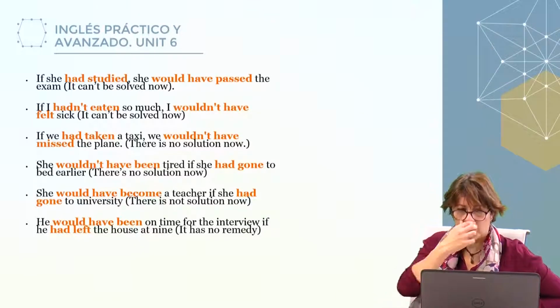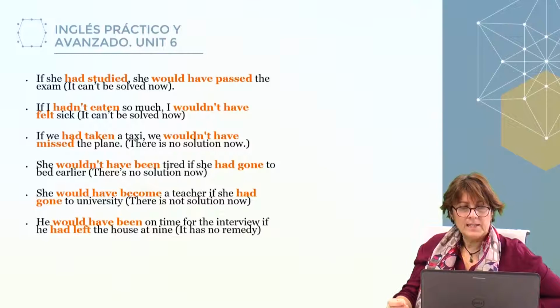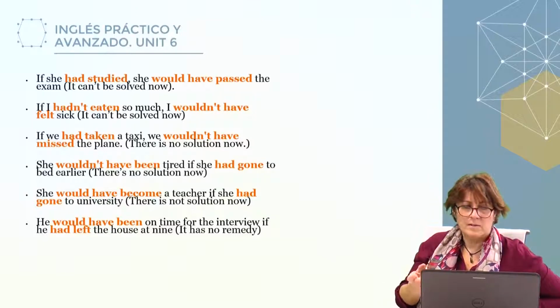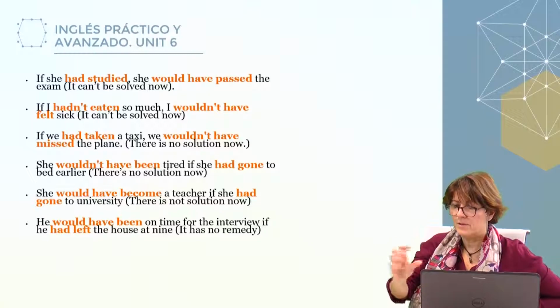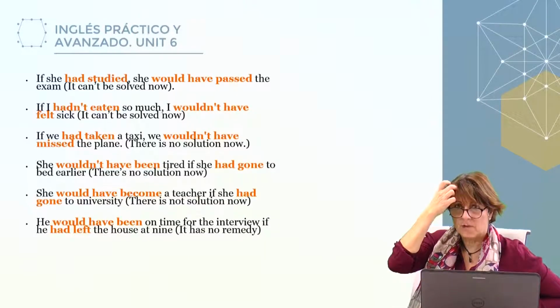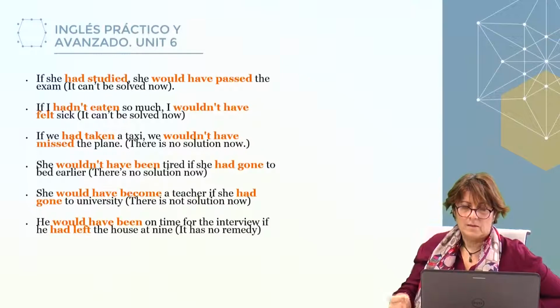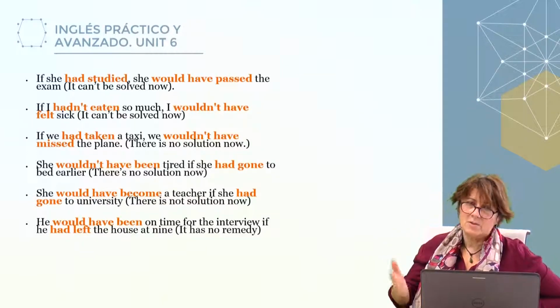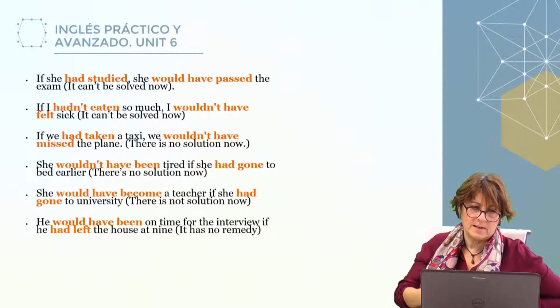It can be solved now. If I hadn't eaten so much, I wouldn't have felt sick. Okay? So the non-conditional would be, I am sick, for example. If I put a sentence, I am sick because I ate very much, and I tell you, transform it into third conditional. Okay, so if I hadn't eaten so much, I wouldn't have felt sick.